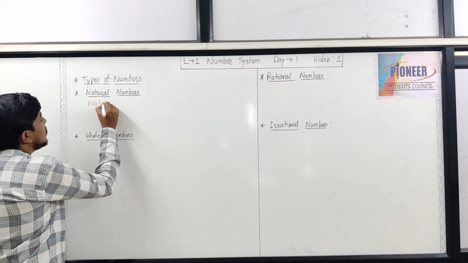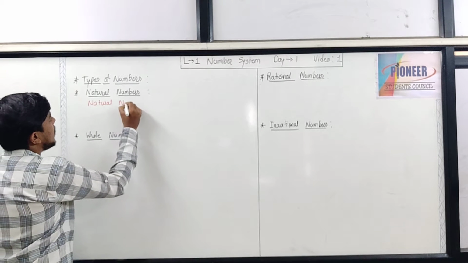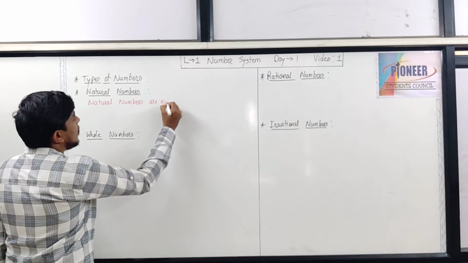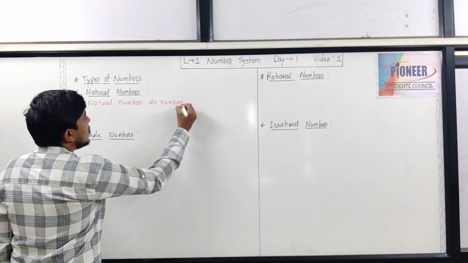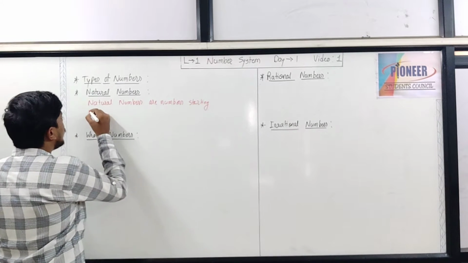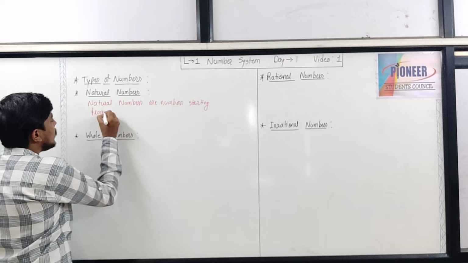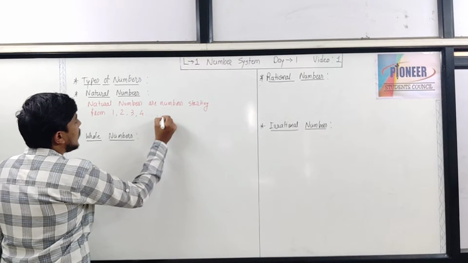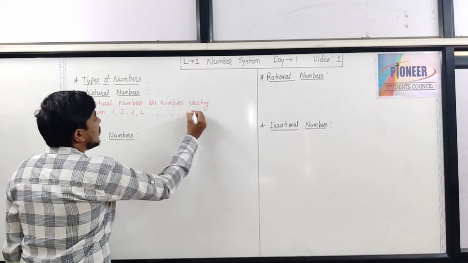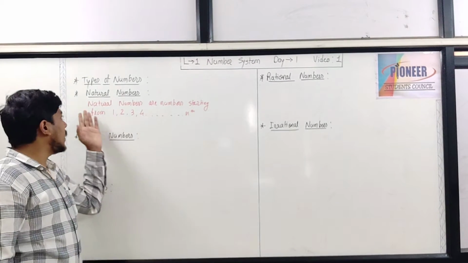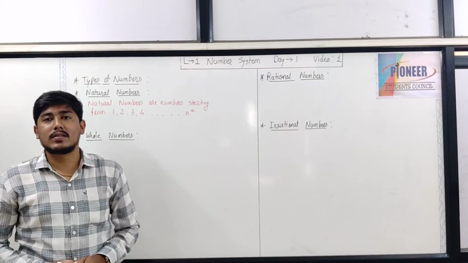Natural numbers are numbers starting from 1, 2, 3, 4, and it continues to the nth term. So numbers starting from 1 are known as natural numbers.